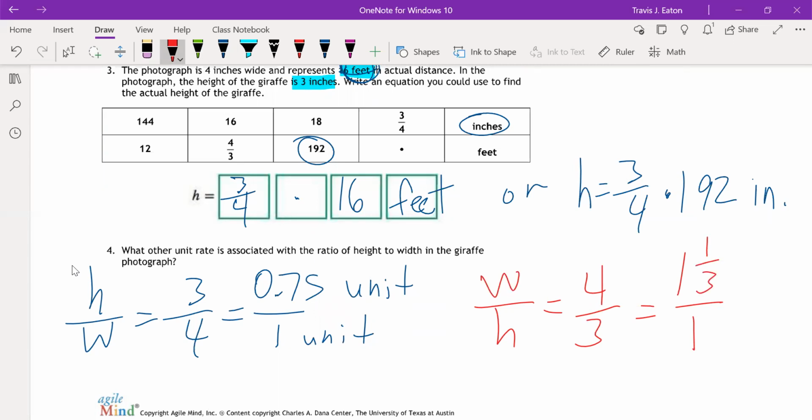So for every 1 unit in height, we would have 1 1/3, or 4/3, units in width. So there are 2 unit rates for every ratio. Remember, every ratio has 2 unit rates.